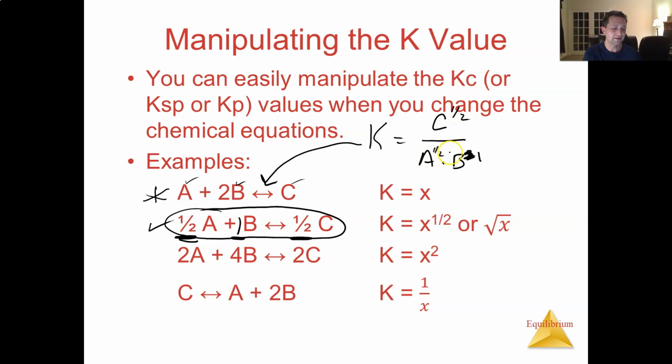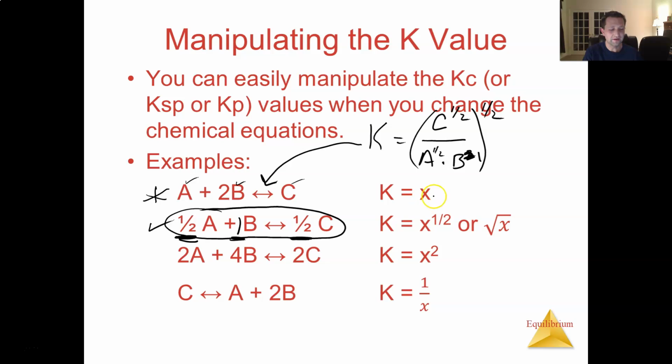raised everything to the half power. Because I multiplied by a half, by a half, by a half, what you really did was take your initial K expression and take the whole thing to the 1/2 power. Well, instead of doing all that work, just recognize that's what you did. You multiplied everything by 1/2.